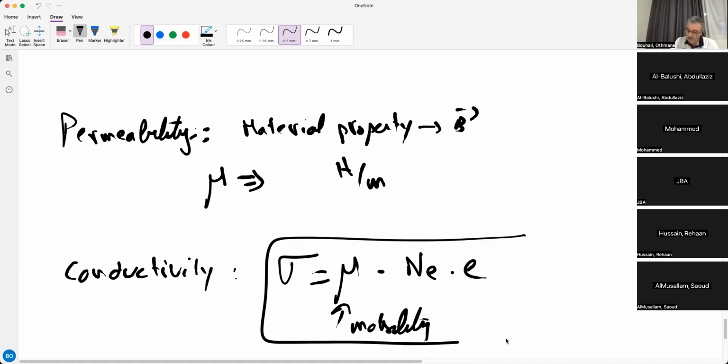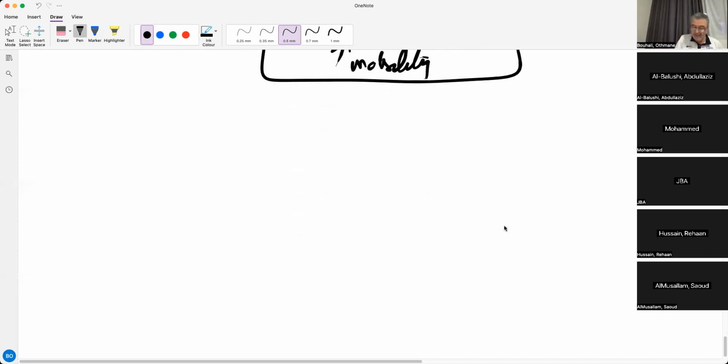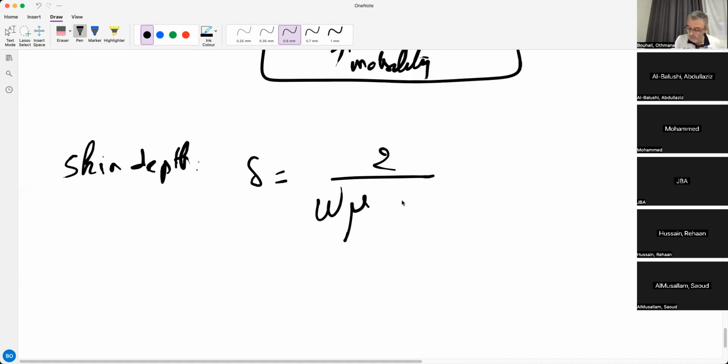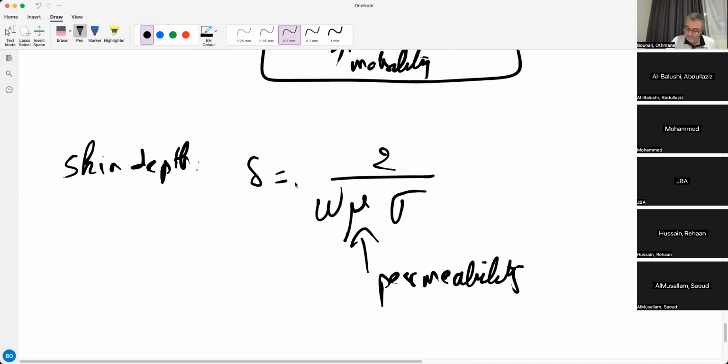This is the mobility. However, the skin depth, which is the square root of 2 divided by omega mu sigma, here it is the permeability that we should use. Okay, is this clear? Yeah, yes.